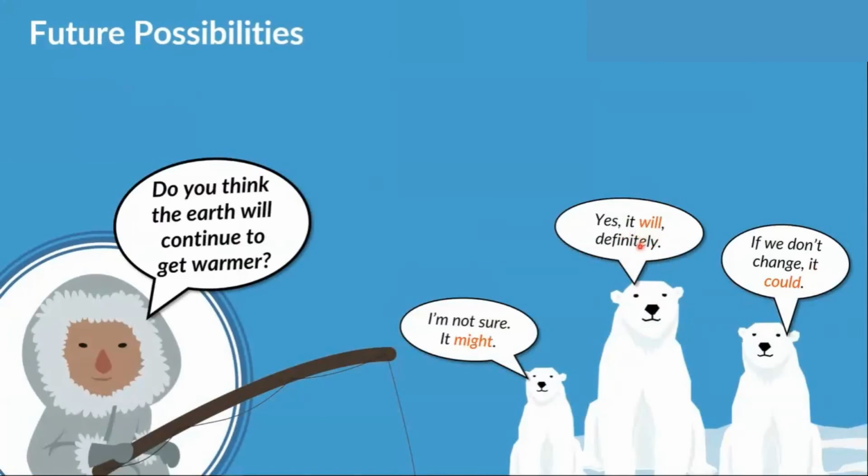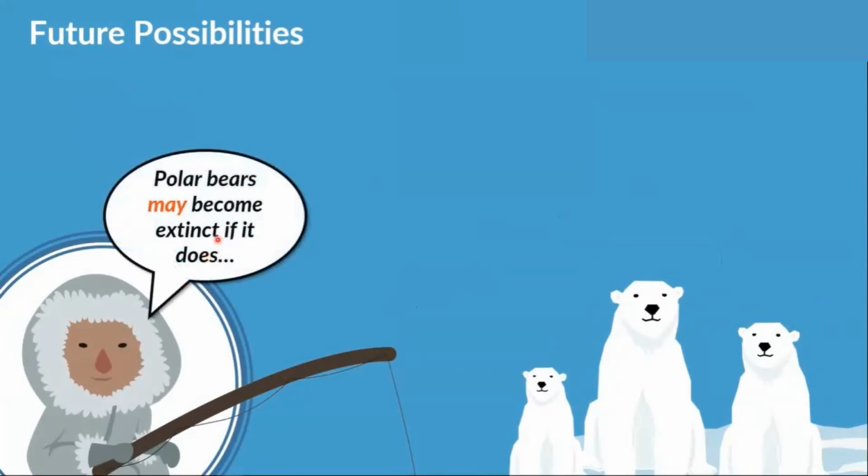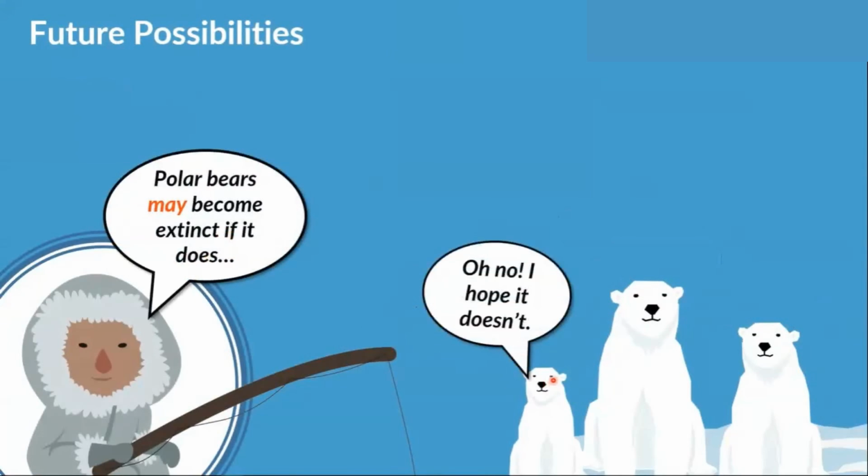Okay? Yes, it will. Definitely. Now, look at these different words. Might, will, could. And this man says, polar bears may become extinct if it does. And then the young polar bear says, oh no, I hope it doesn't.